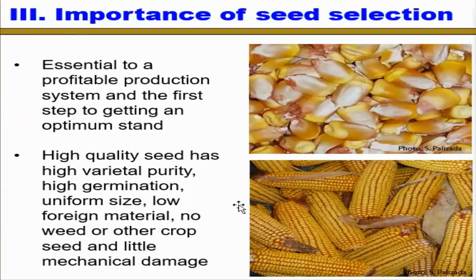Next is the criteria in selecting seed. We are aware of this because corn itself is a C4 crop. It should be high yielding, disease tolerant, insect tolerant, with local adaptability, and suitability to soil and local climate. Market demand is very important.